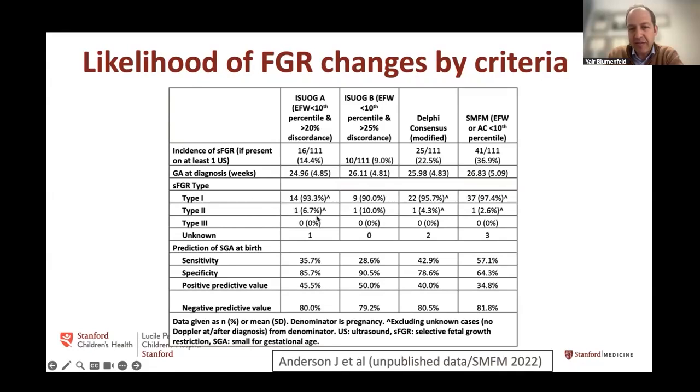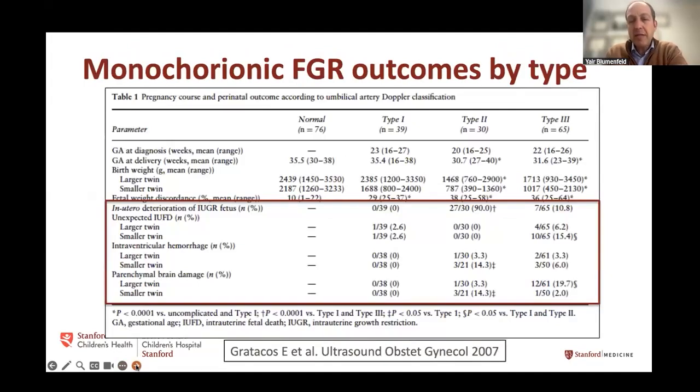And then we looked at the different subtypes of type 1, type 2, and type 3 that we had in our cohort, and we were able to calculate the positive and the negative predictive value of having a fetus less than 10th percentile. The reason that this classification by Gratacos made such headway and that a lot of people are incorporating it is really the following.